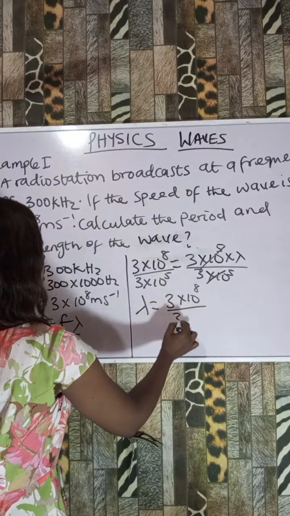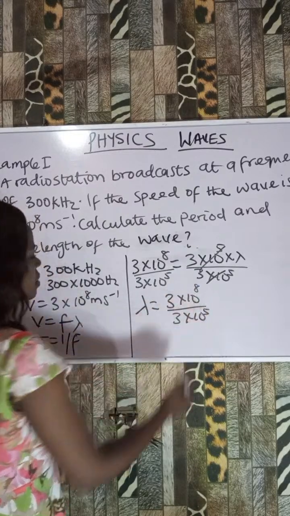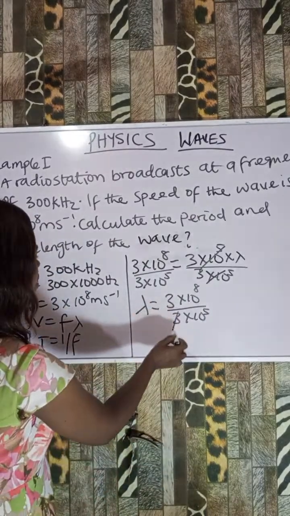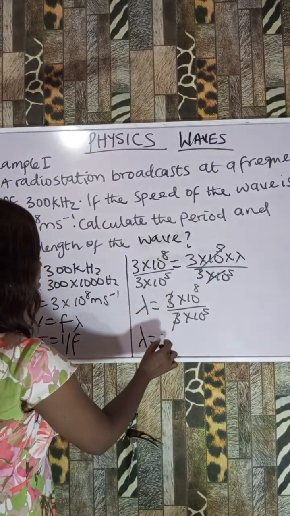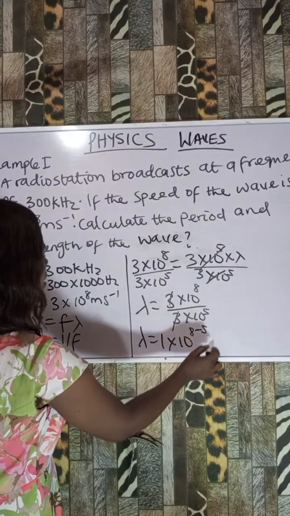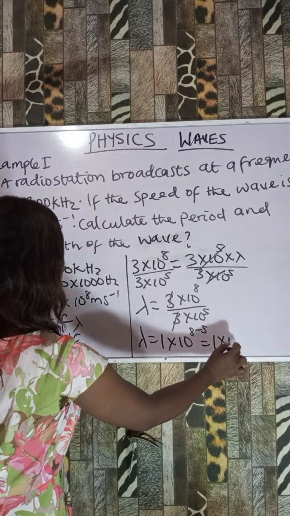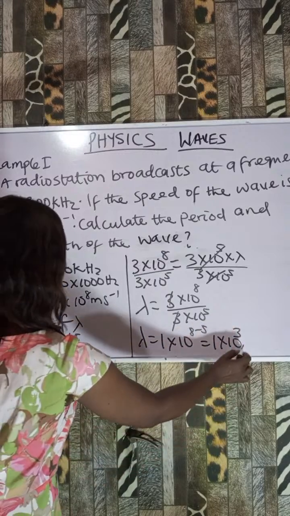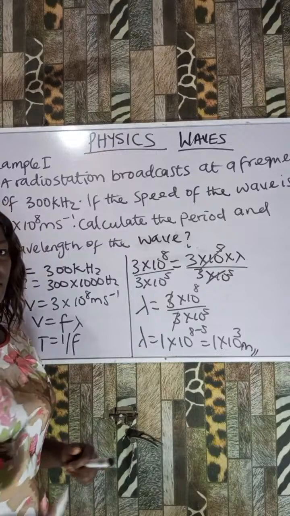This can cancel this. I have lambda is equal to 1 times 10 raised to the power 8 minus 5, which is 1 times 10 raised to the power 3 meters. Is that clear?